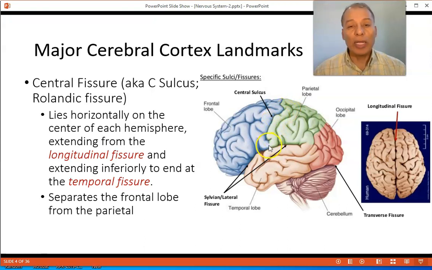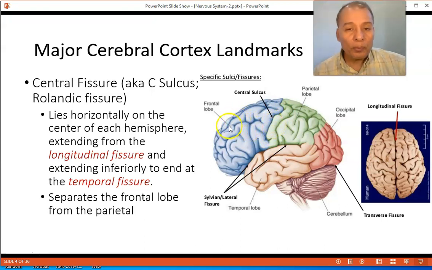These are anatomic names, but the functional name for the precentral gyrus is the motor cortex, and the functional name of the post-central gyrus is the somatosensory cortex, or the primary somatosensory cortex.